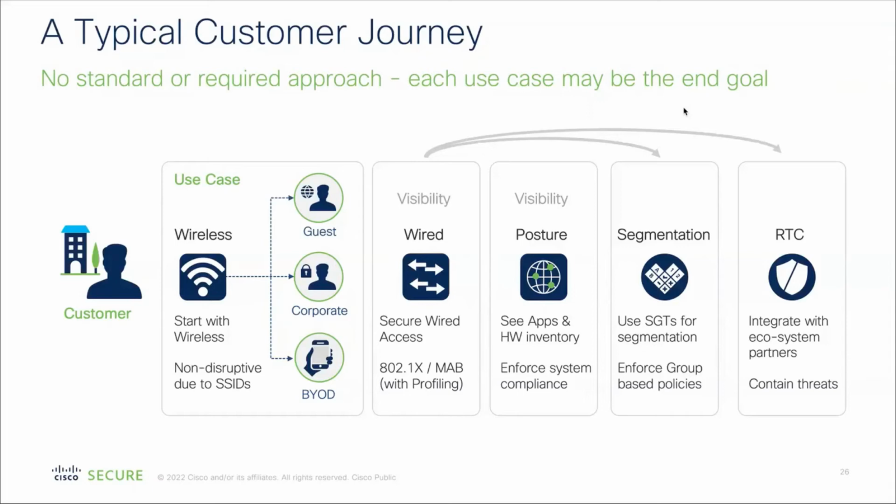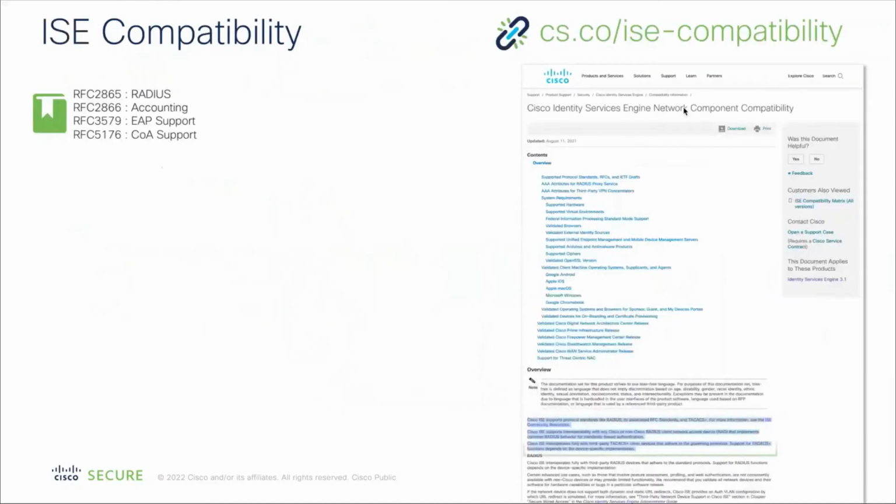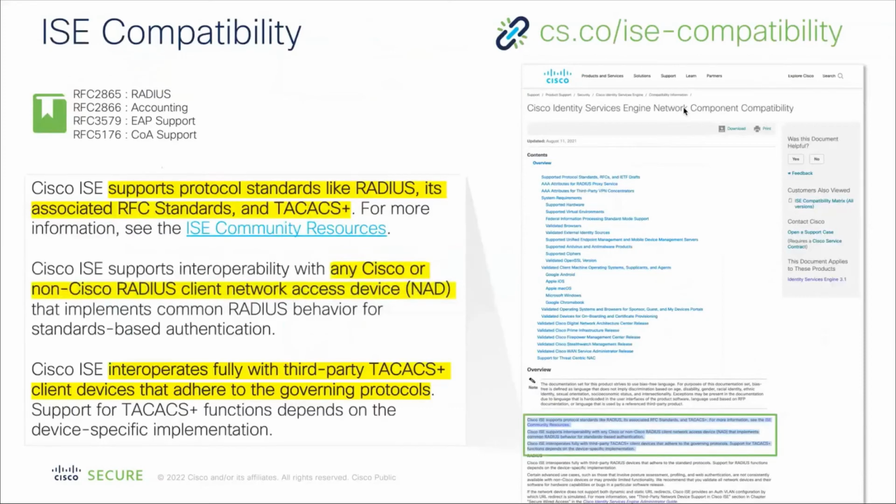So hopefully this is going to help you know how to prioritize and things you should be looking out for. And that was really the goal of today's talk. So as we get into starting to do some of the enforcement of your policies, one of the things that becomes very important is your environment, your network devices.